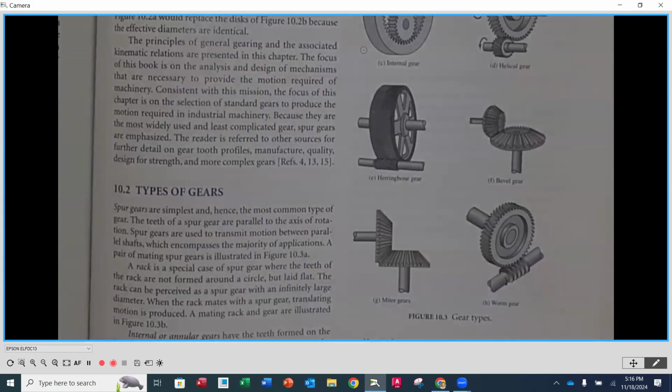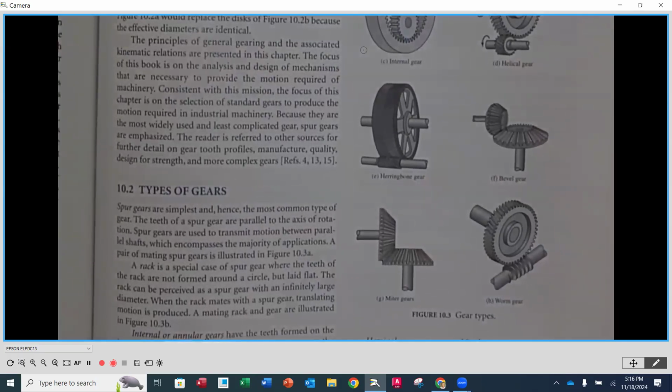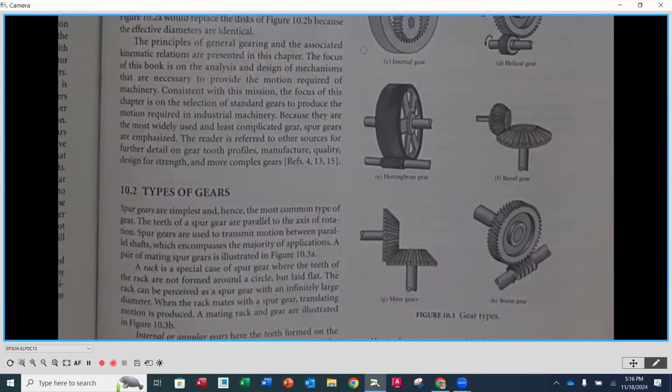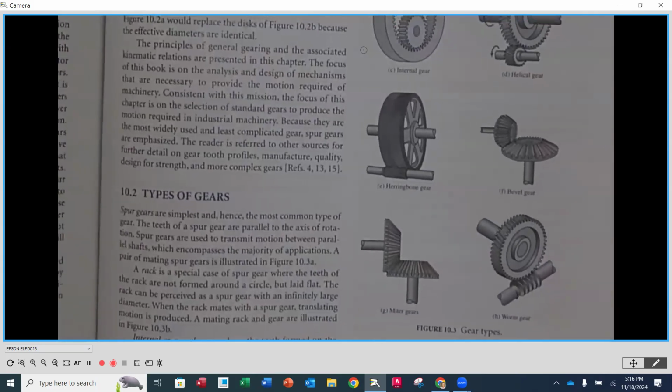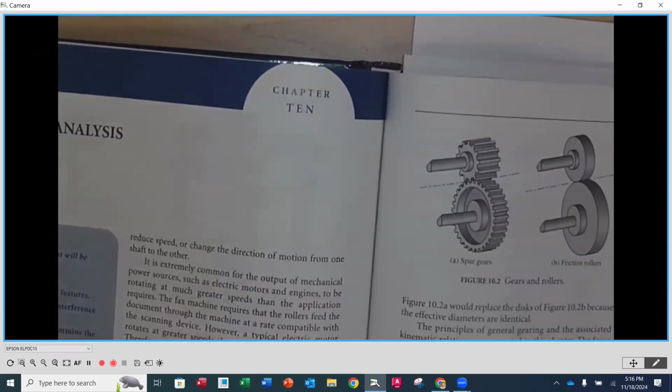We'll talk about backlash in a little bit, but what it ends up being is a more accurate, more precise positioning type of gear set, so that when you reverse directions, you don't have any loss or gap in space as you go from one direction to the other. So those are some basic gears, but like I said, we're going to be focusing on spur gears for the work that we're going to be doing and the relationships that we learn.